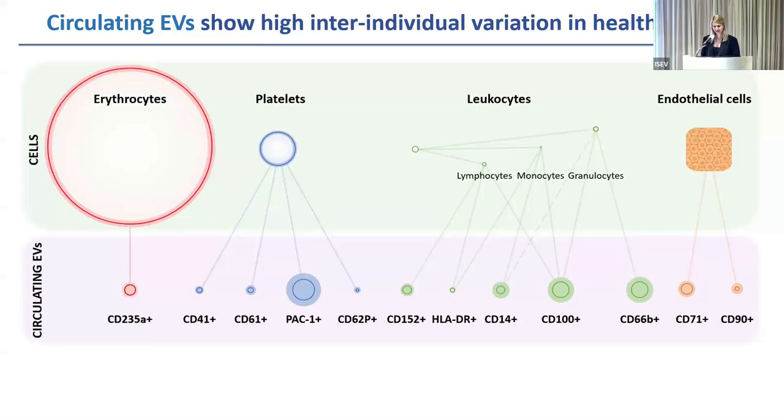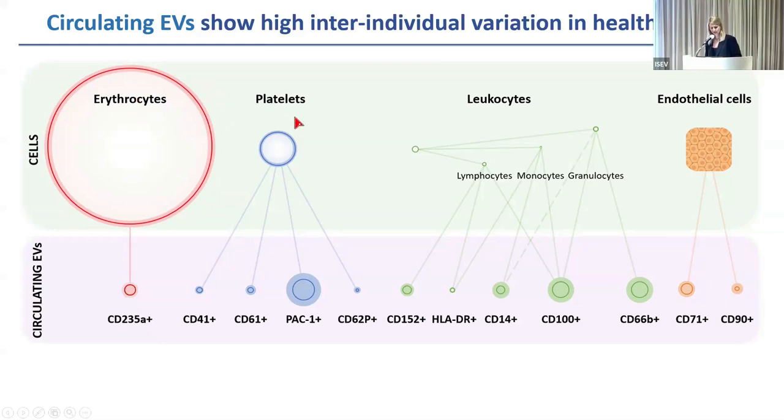Okay, let's go directly to the results. From the blood counts, we could quantify different blood cell types in our healthy adults. What we could see is normal for blood cells: erythrocytes were in the range of about 4 to 5 times 10 to the 9.